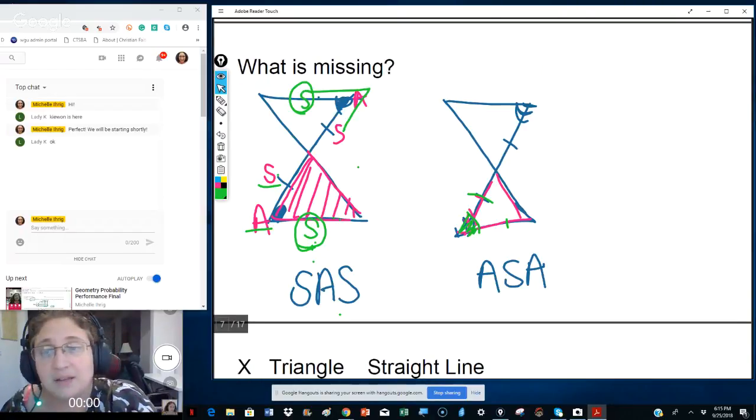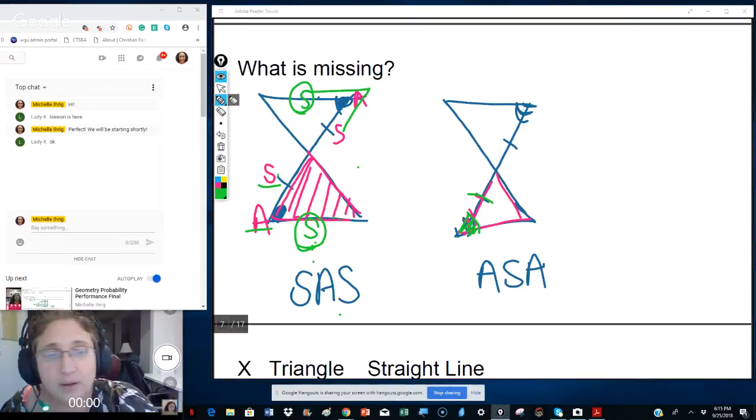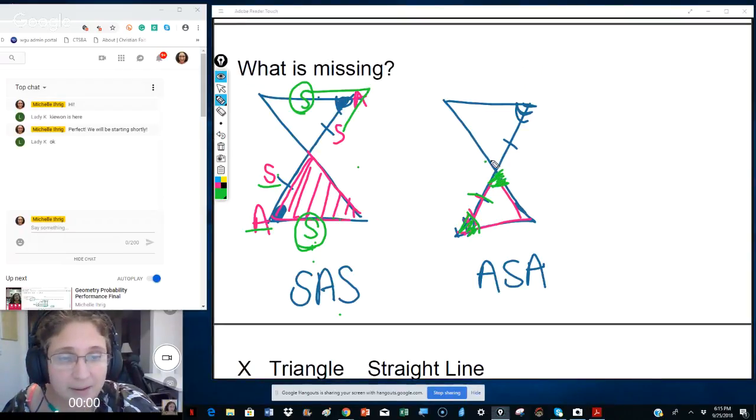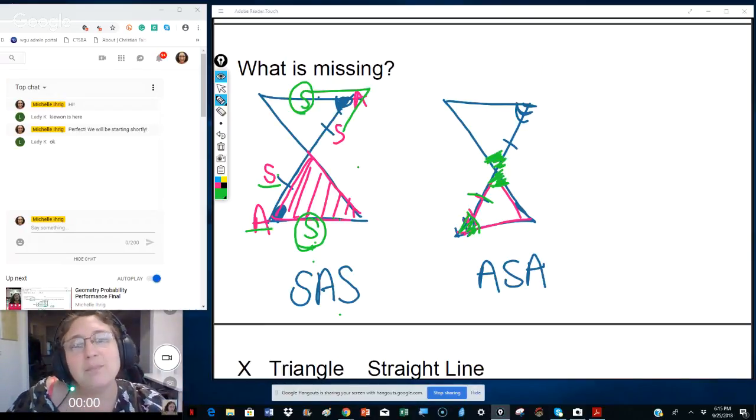So that means that we need to have this angle here matching with this angle for vertical angles. So when it comes to what's missing, you could have the exact same picture, but the only thing that might be different is if it's side, angle, side, angle, side, angle, or angle, angle, side. So really pay attention to what they're specifically asking you for.